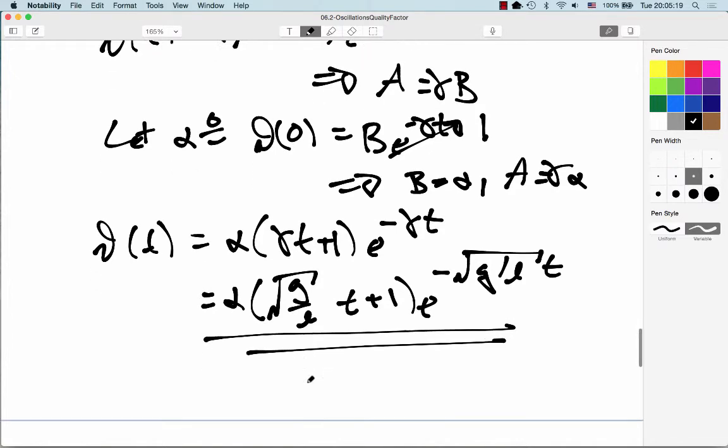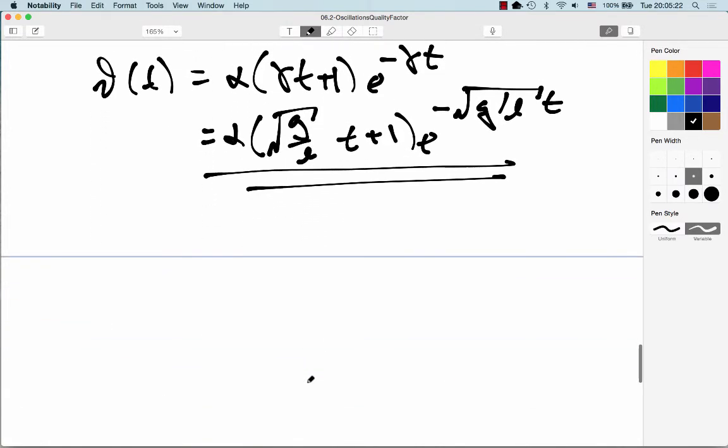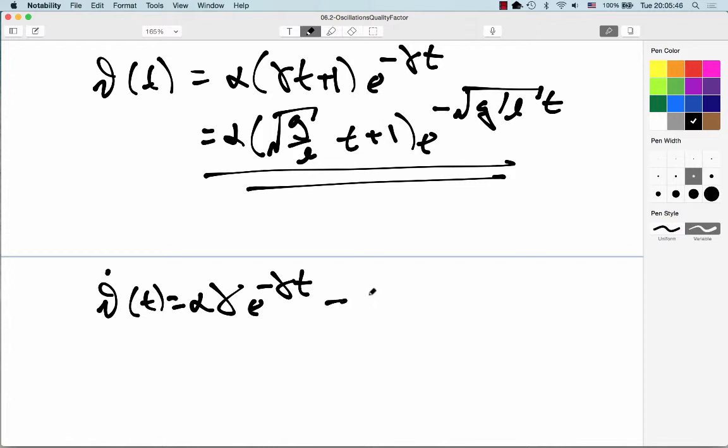All right. And then to get theta dot as a function of time, we just go ahead and differentiate that. So differentiating the first term is just going to give me an alpha gamma e to the minus gamma t. Differentiating the second term is going to bring down a minus gamma, so we'll have a minus alpha gamma times (gamma t plus 1) times e to the minus gamma t.